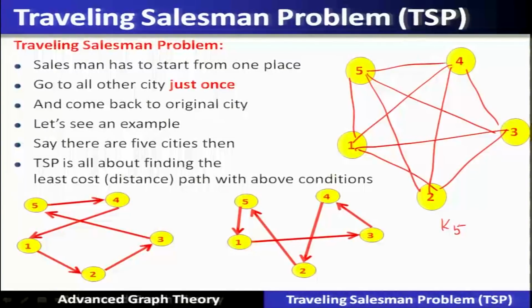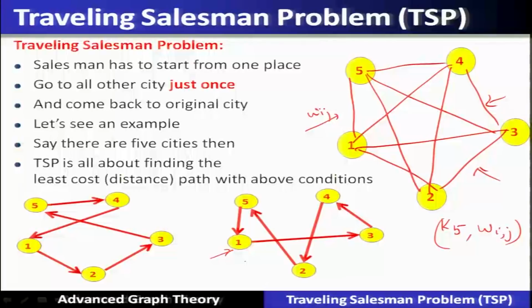Now, here we will assign the weights. Let us say Wij is assigned to all these edges. So, the salesman has to start from one point, go to all other cities exactly once and come back to the original city. Here these are the possible tours.